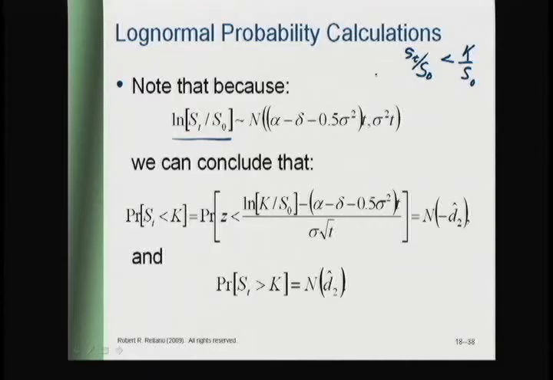I could then take a log of both sides. And now I know that the probability I seek is the probability that a normal variable is less than the log of K over S0. So now I can subtract the mean of the normal and divide by the standard deviation, and that's where this expression here goes. I end up with a unit normal by taking the normal, which is the log of ST over S0, subtracting the mean, dividing by the standard deviation.